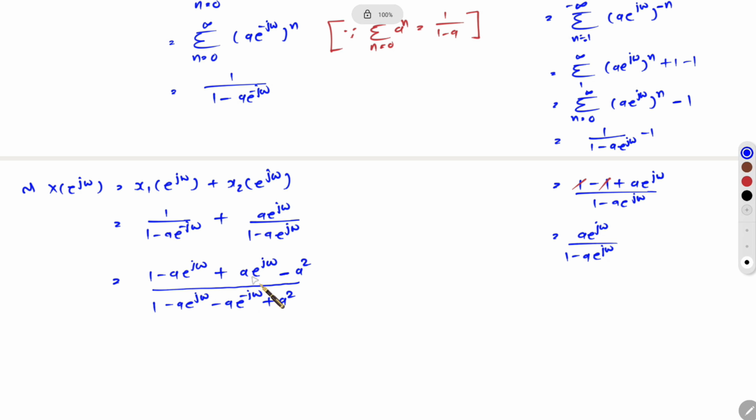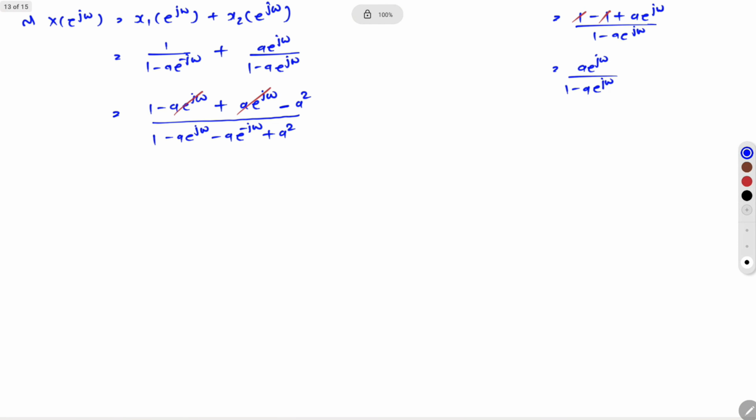Now if you carefully observe this, then here a e to the power j omega, that is getting cancelled, right? And if you carefully observe, see numerator will be 1 minus a square. But if you observe here in denominator, then we have 1 minus a common. Then here we have e to the power j omega plus e to the power minus j omega. So this is what we can convert in form of cosine.